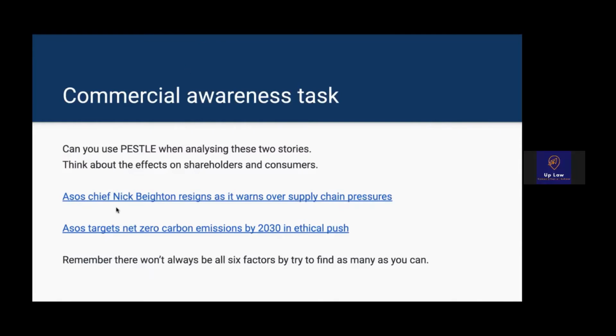about using Pastel, and I'll go back to the slide so you have it, and the ways in which you can apply Pastel to these 2 articles. But also remember, there won't always be all 6. Sometimes there won't be a political one. Sometimes it will be difficult to find a legal one to link to the article. If you can find all 6, that'd be really great.